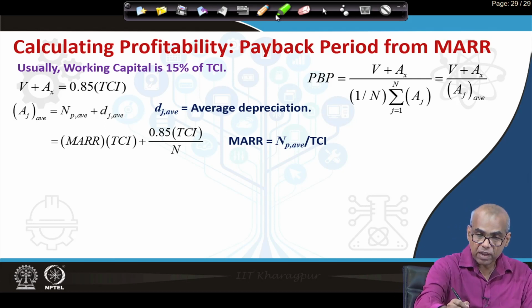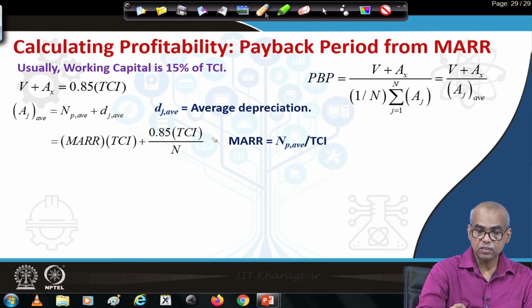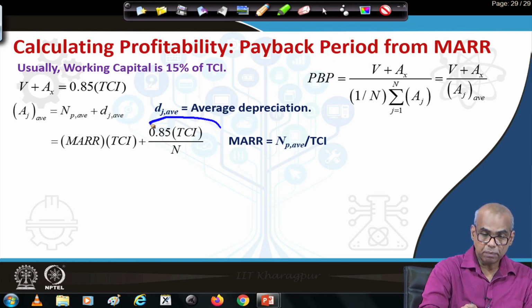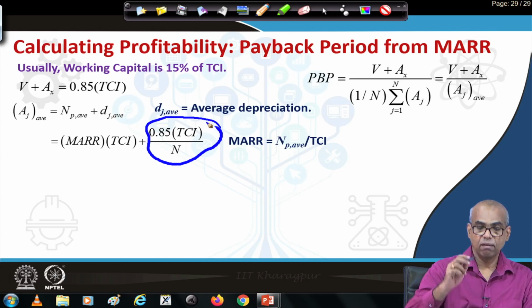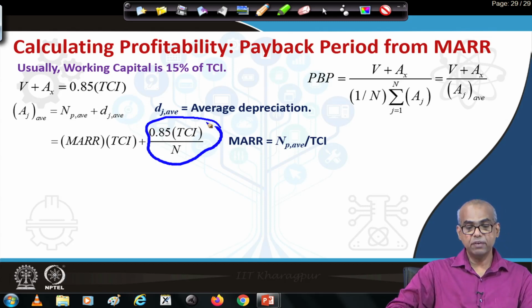So, 0.85 into TCI will be depreciated over a period of n. So, 0.85 into total capital investment divided by n will give me the average annual depreciation.